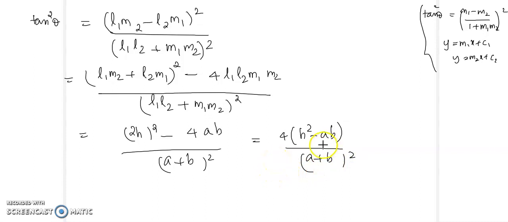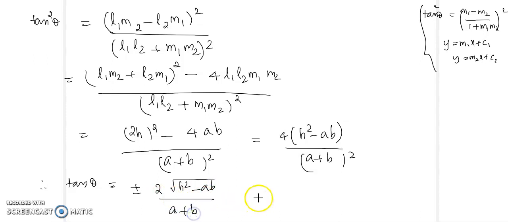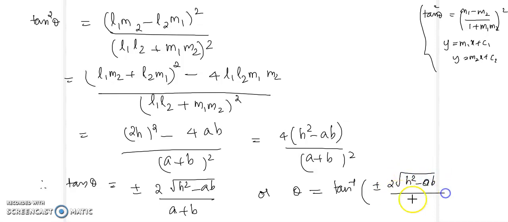So therefore tan theta will be equal to the square root of this, so that will be plus or minus 2 root of h square minus ab by a plus b. So the angle between the lines will be theta equal to tan inverse of plus or minus 2 root of h square minus ab by a plus b.